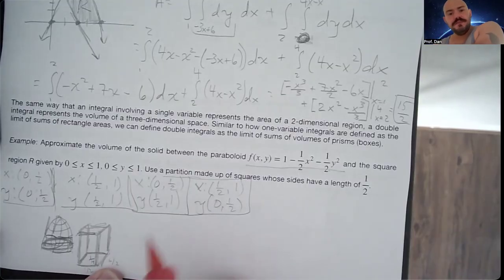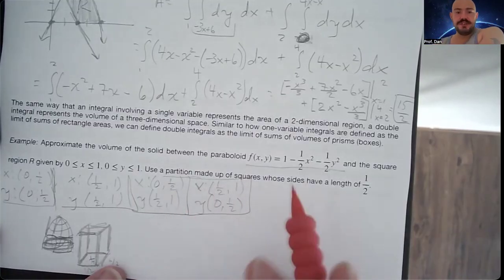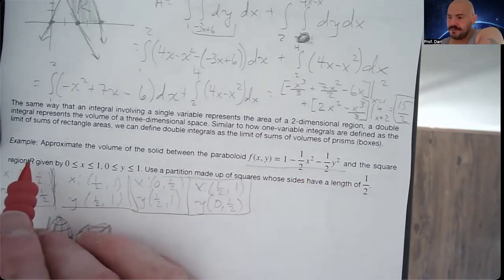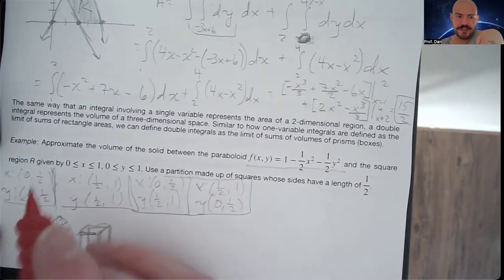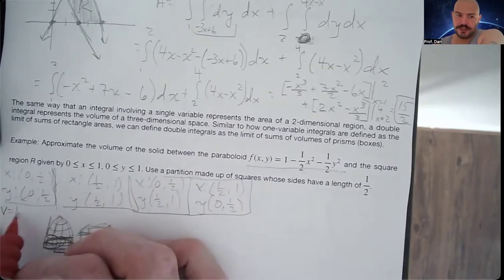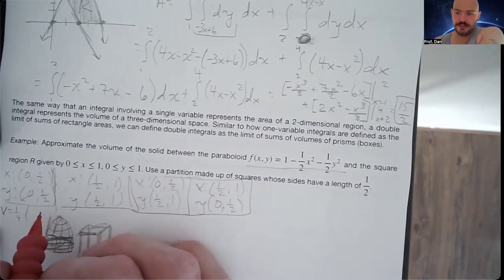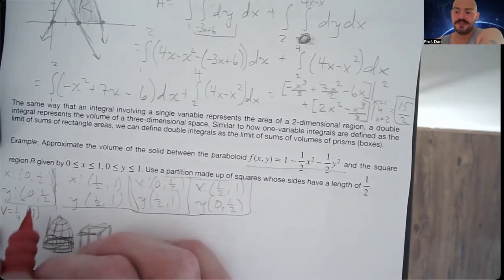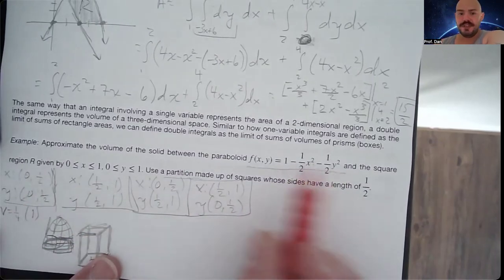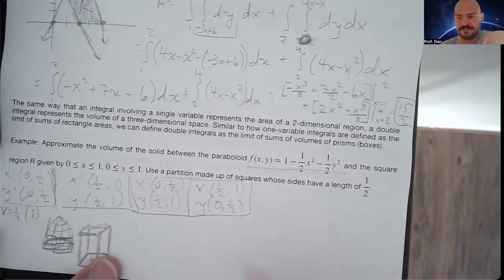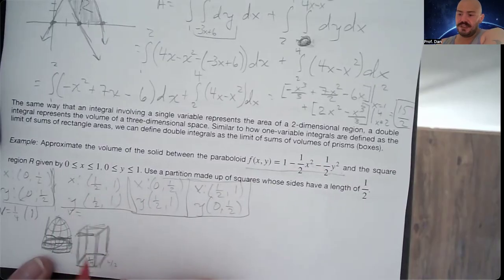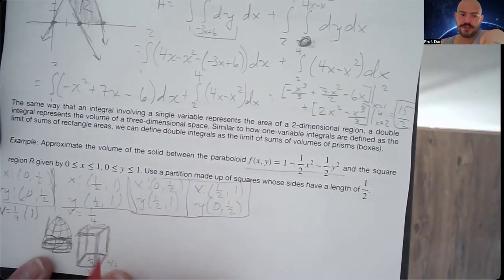Right. So the z coordinate, if I use 0 for both, would be 1. So that would correspond to this partition. The volume would be equal to 1/4, that's the area of my base, multiplied by 1. That's what I get from plugging the left-hand number for x and y into this function f of x, y. Then for this partition, the area of our base is still 1/4, right?